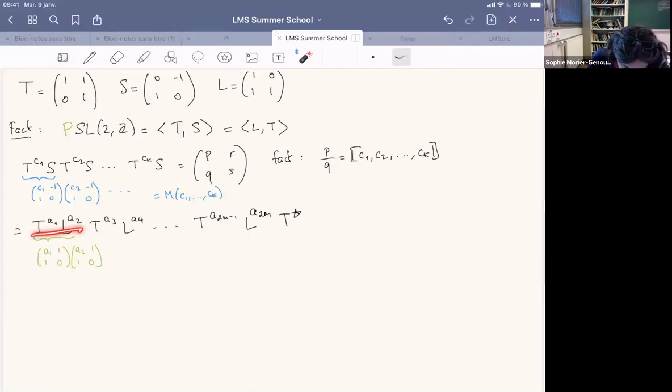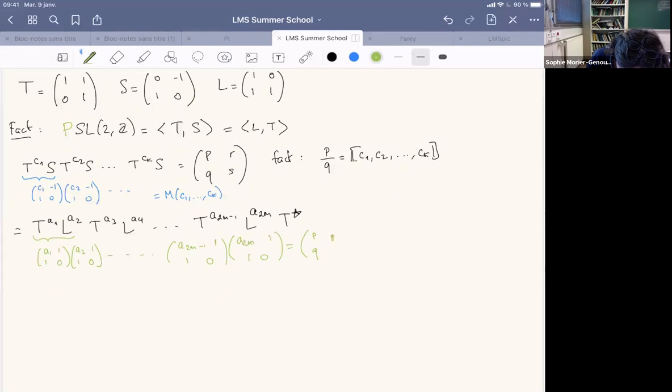But the product of these two is the same as the product of these two. So when you go all over the sequence, this green product also computes the rational P/Q, the same rational.